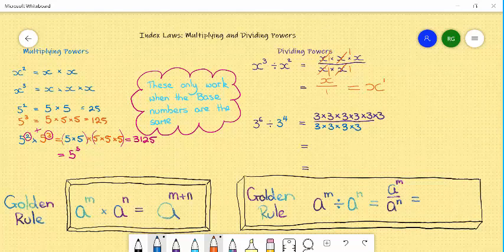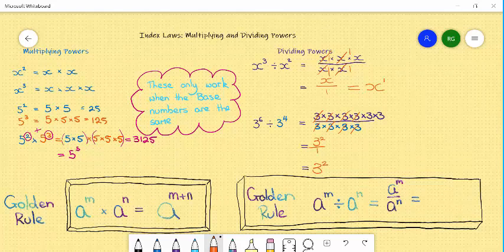So now, according to our rule from before, we can simplify because 3 divided by 3 is 1. 3 divided by 3 is 1. And we're left with 3 squared on the top line. Obviously that can be 9 divided by 1, which equals 3 squared.